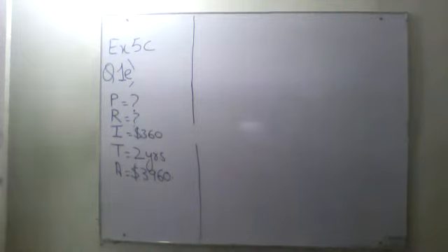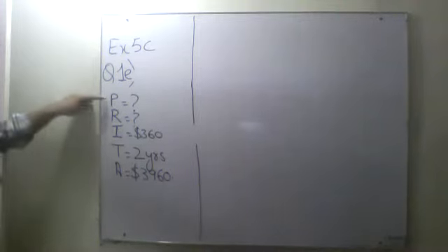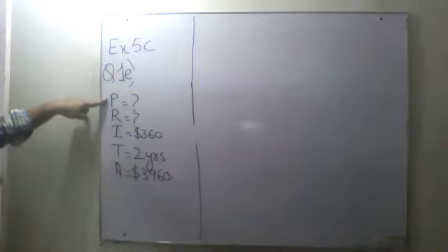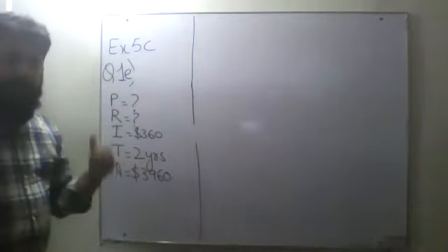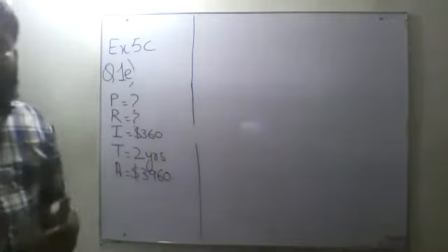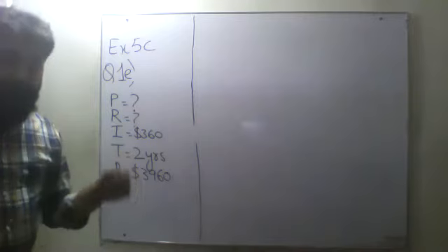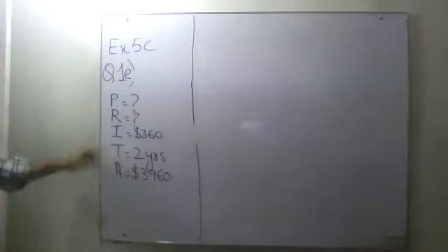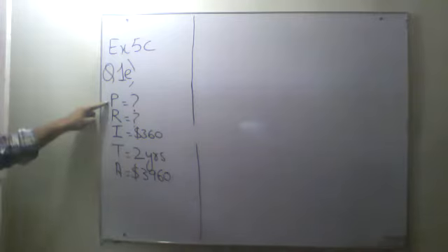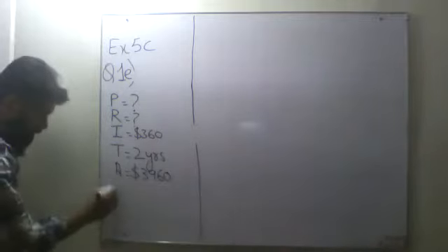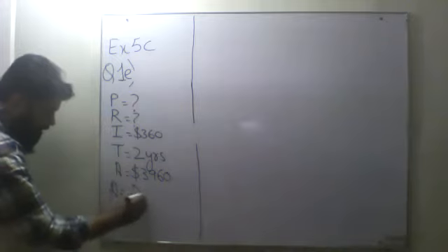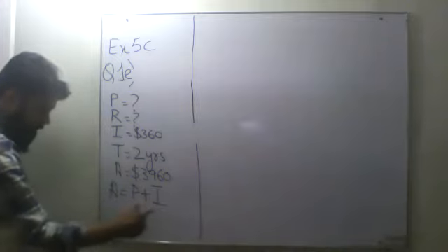Okay, how will I do it? First of all, I am going for principal. Principal can come from two formulas. One is that it is part of I equals PRT. Secondly, it is part of A equals P plus I. A is given, I is given, I can find P. So A equals P plus I. That's the formula.